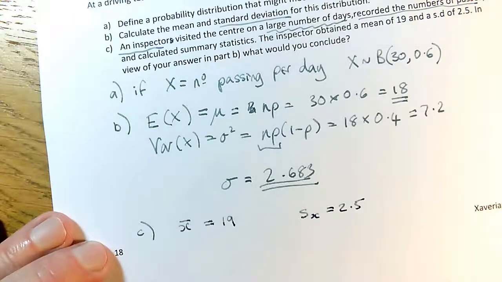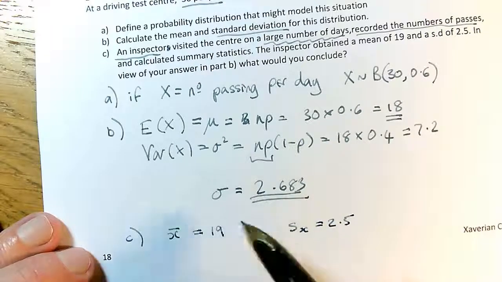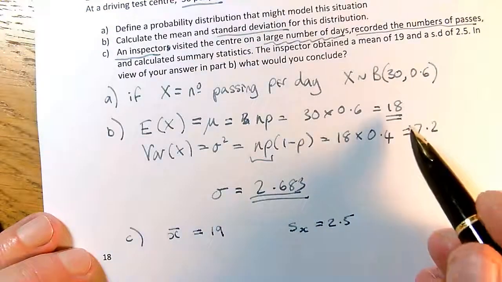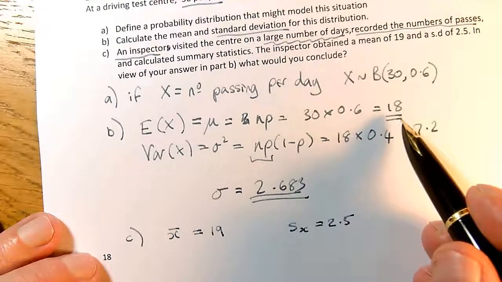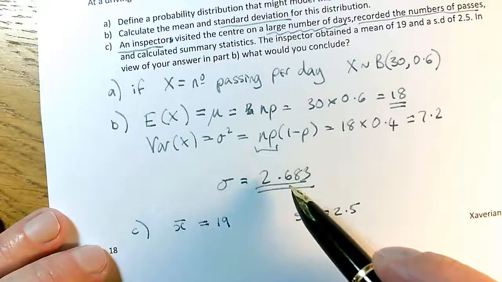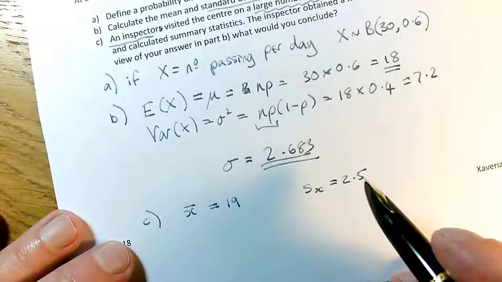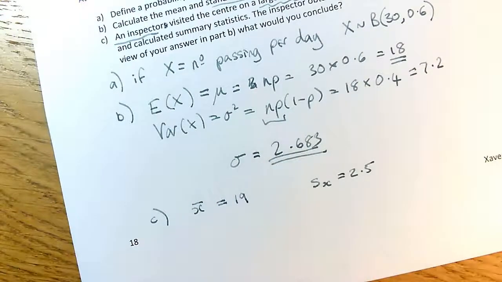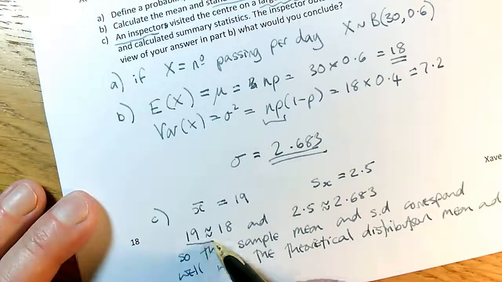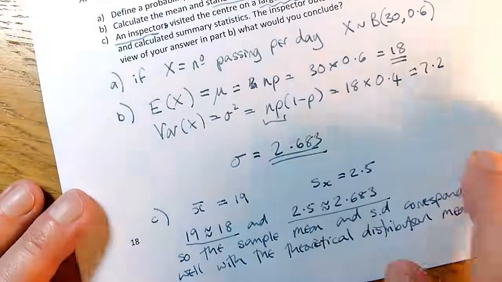Okay, so what do we say about these? Well, 19 is the sample mean. The underlying expectation is 18. They've got a sample standard deviation of 2.5, and the underlying standard deviation should be 2.683. And we can see that both of these are a pretty good match. So when I comment on this, I must actually use the numbers as well as making the general comment in words.